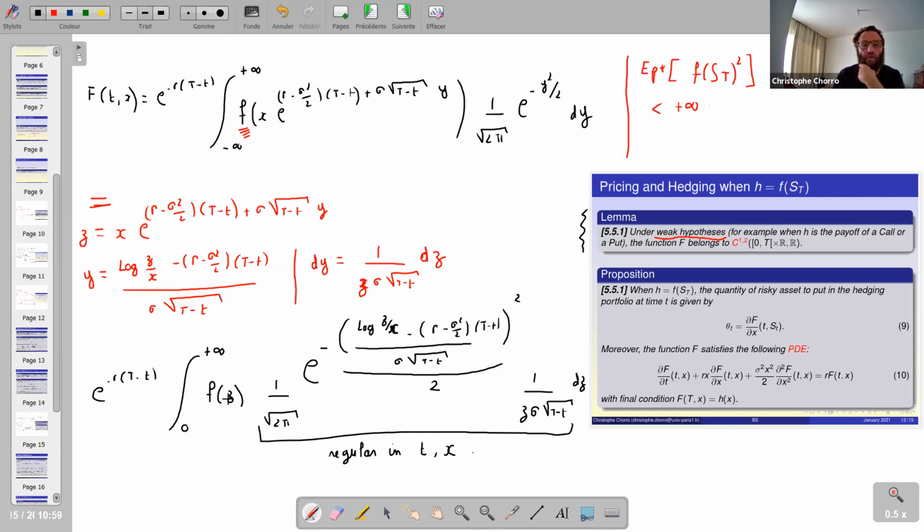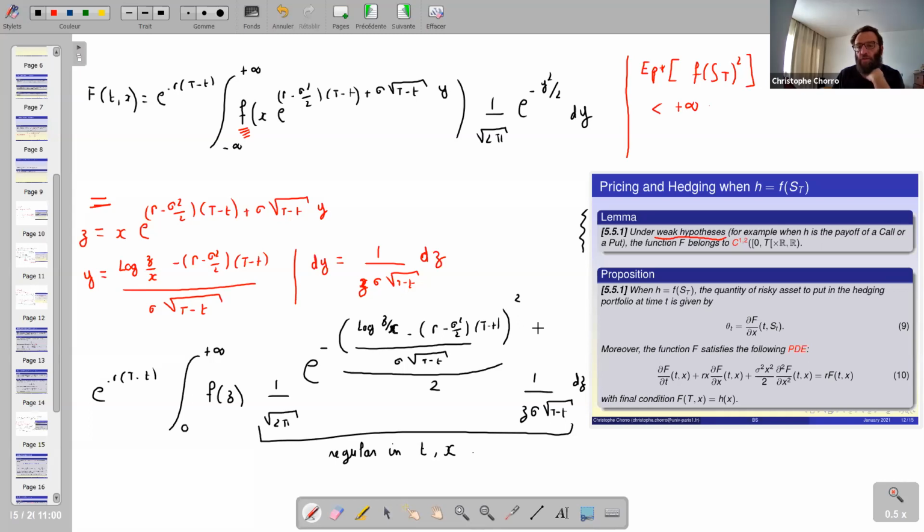And I can see that under very mild conditions on the behavior of f at plus and minus infinity, I will be able to prove that this integral is regular, in the sense that it is C1 in the variable small t and of class C2 on R in the variable x.